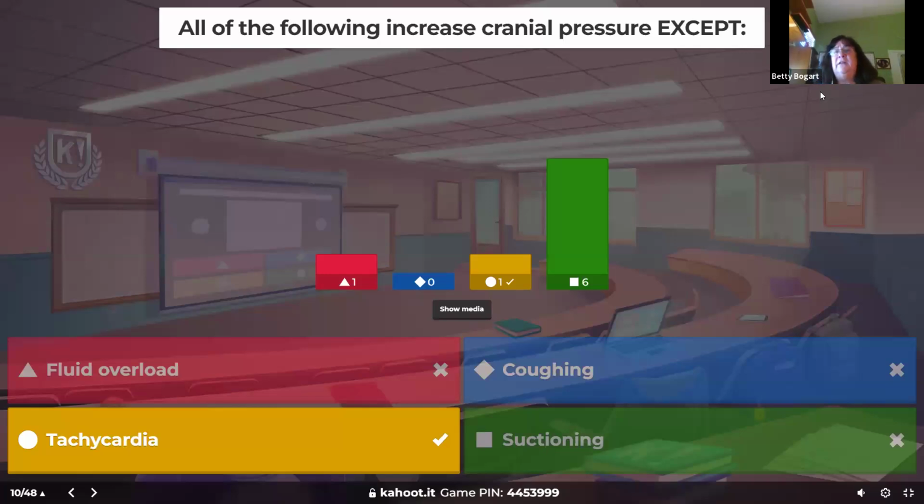Vital signs has nothing to do with increased intracranial pressure. Think about suctioning. You stick a tube down the throat, you gag them in the back. They're going to choke. Their pressure is going to go up. One of the biggest things we watch is intake and output. We don't want to get too much fluid because that will cause it. And of course, coughing does.